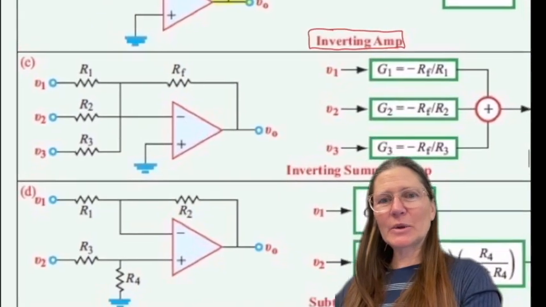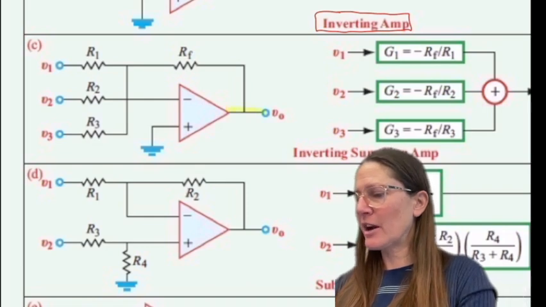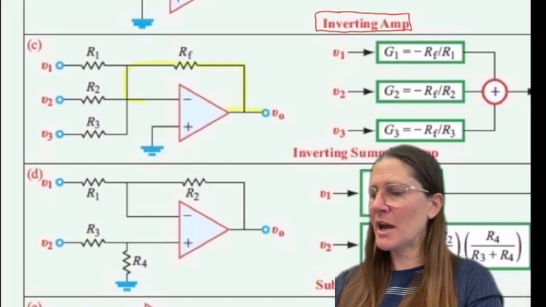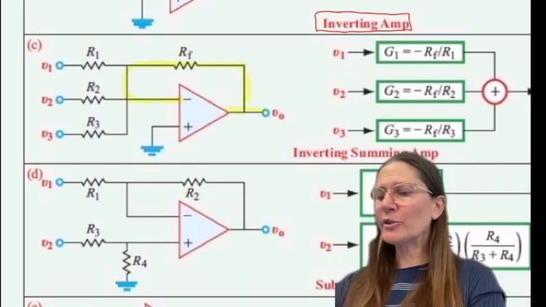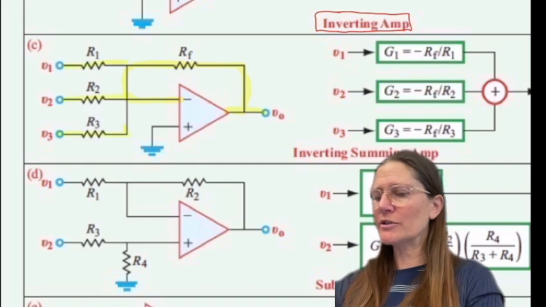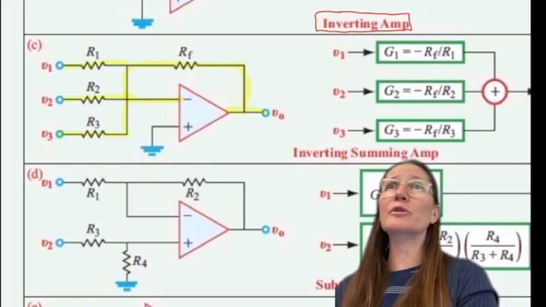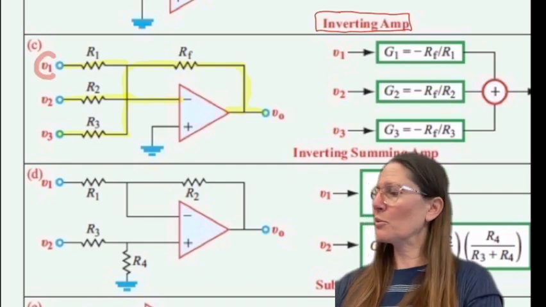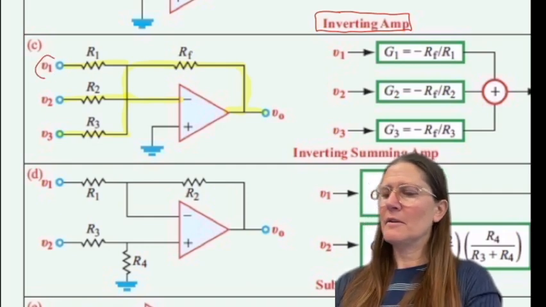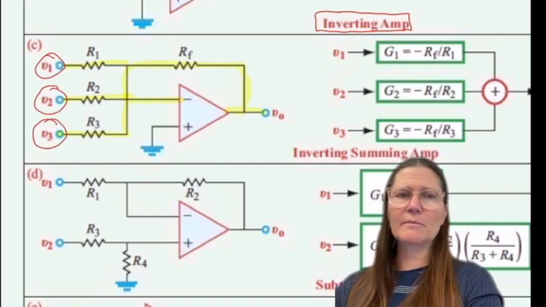All right, the next one is also feedback. So I have a pathway here. It does come back and has a connection into my input. I also see that it has connections to 3 different resistors that go to voltage sources. So these would be 3 inputs. So I have input 1, V1, input 2, V2, and input 3, V3.